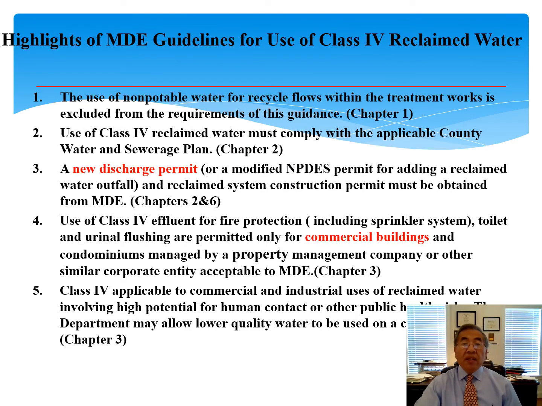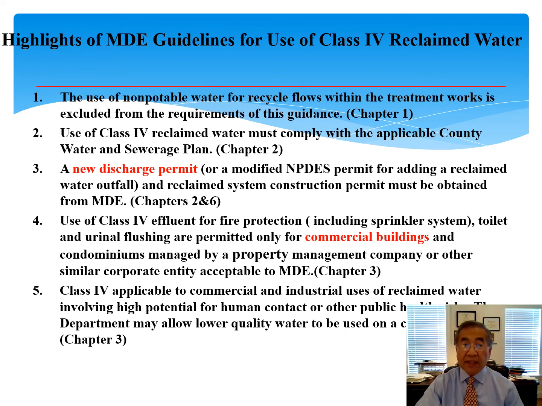Highlights of the guideline are included here. I can use some examples. If this Class 4 reclaimed water comes out of a wastewater treatment plant, and the plant wants to use that reclaimed water to irrigate, to wash their equipment, or for their operation, you really don't have to follow our guideline.